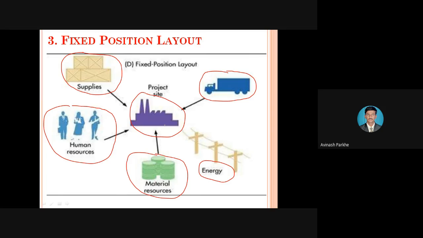But to manufacture that ship or aeroplane, whatever input resources are required are brought to that location where the shipbuilding or aeroplane building is going on. Therefore, the position of that product is totally fixed. Whatever final product you get, in the form of a ship, aeroplane or sugar industry, its location is totally fixed. Therefore, such a layout is called a fixed position layout.